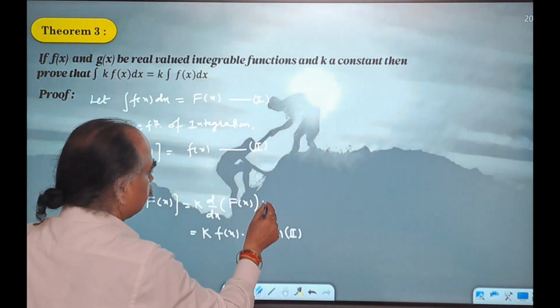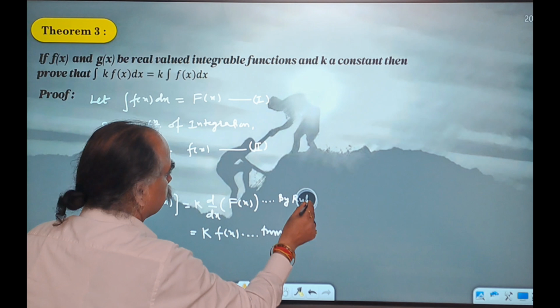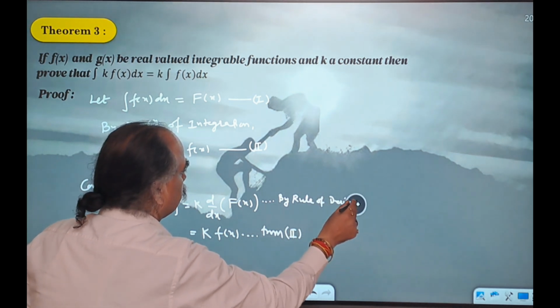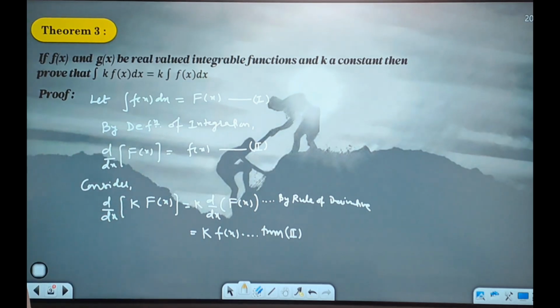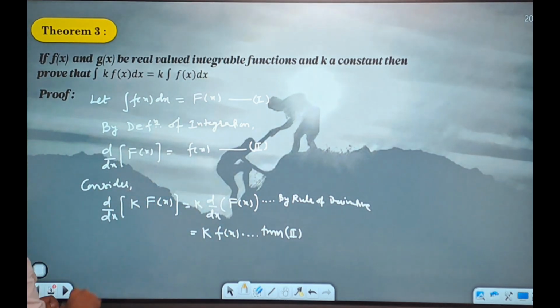This is by a rule of derivative. Now derivative of this is this, so integration of this is k times capital Fx.